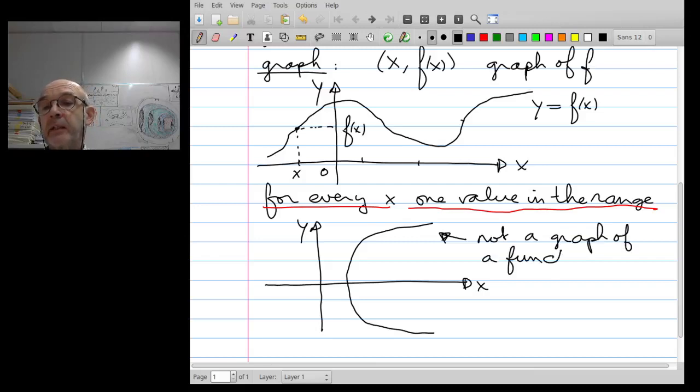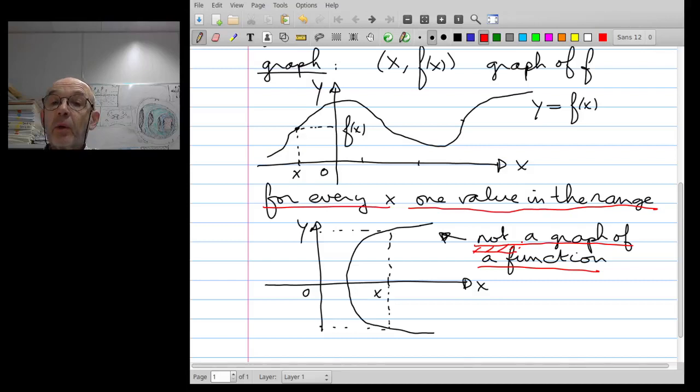What you see here is that for some value of x, you can choose between two values, and that is not allowed. So this is not a graph of a function, and be careful with that.